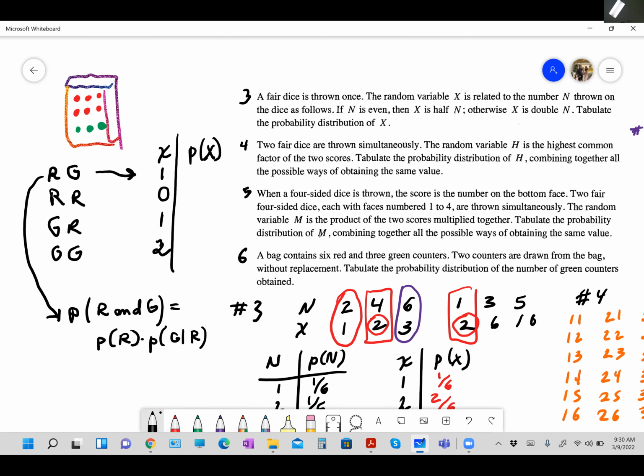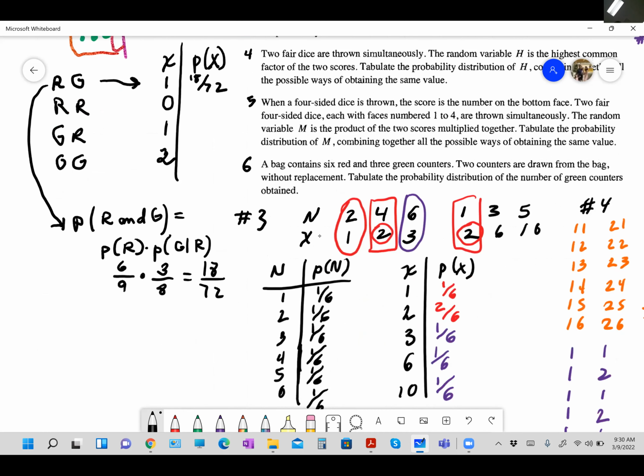So what's the probability of getting a red on the first draw? 6 out of 9. Now we have how many tokens left? 8. What's the probability I will get a green? So it's 18 out of 72. Got it?